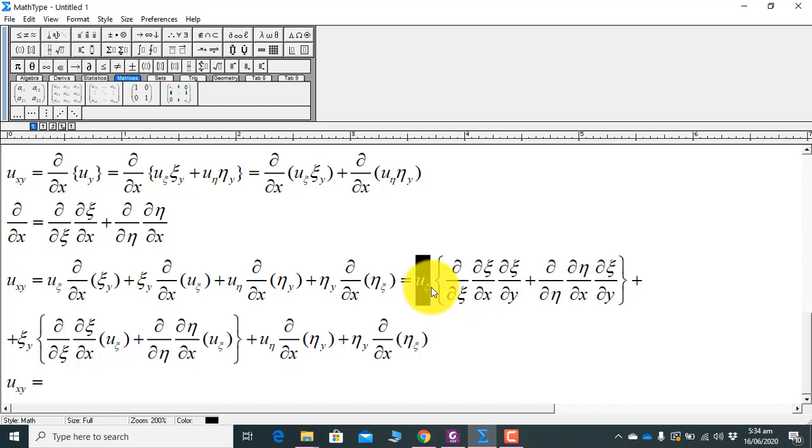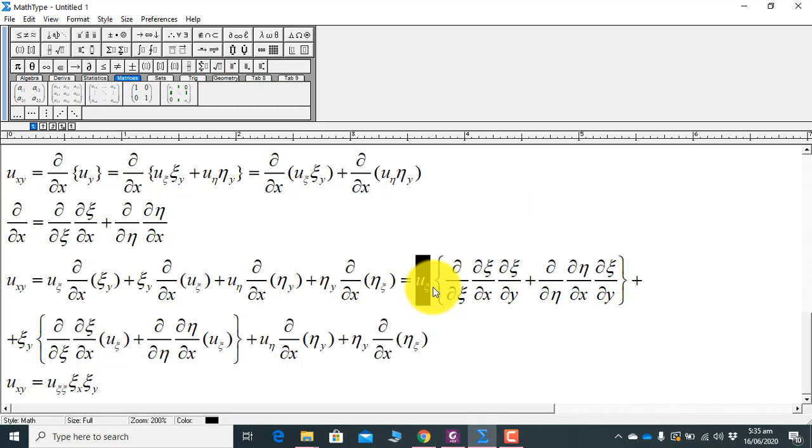Okay, u xi xi, yes, now it's better, and eta xi x xi y, xi x xi y. Very easy.